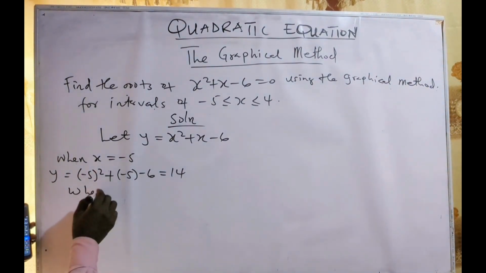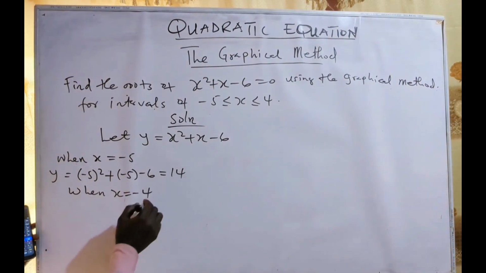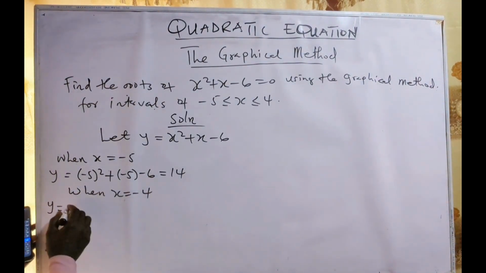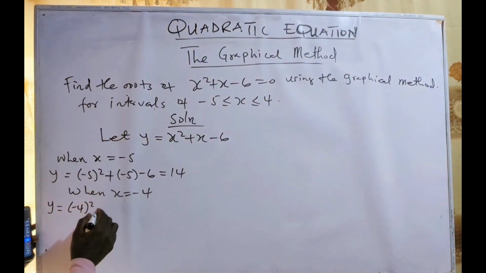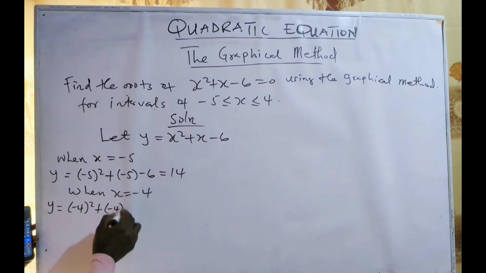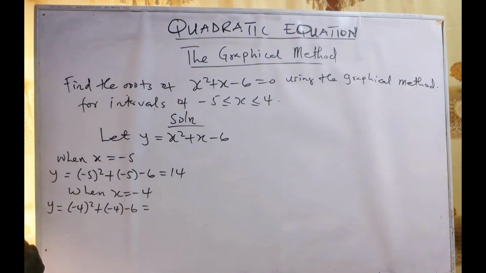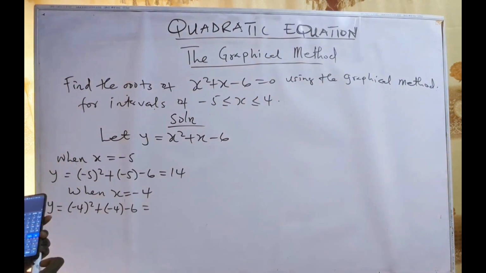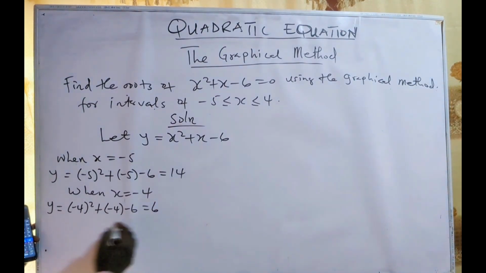Then we continue. When s is -4, our y will be equal to -4 squared plus -4 minus 6. And let's see what we get for the value of y. So -4 squared plus -4 minus 6, and y will give us 6.